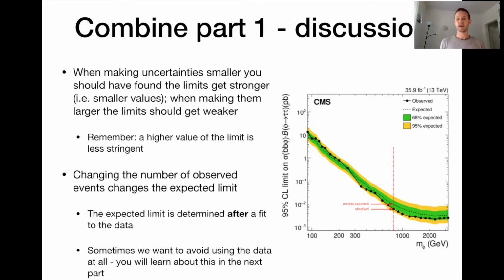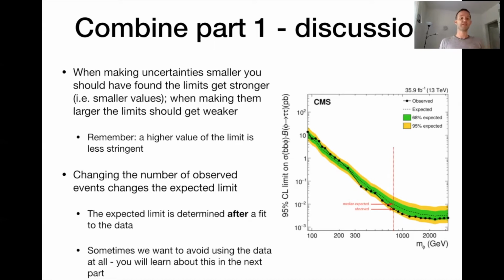So the observed limit given by the black solid points, and then the expected limits, so the median expected given by the black dashed line, and then the 68 and 95% intervals for the expected limit given by the green and the yellow bands.